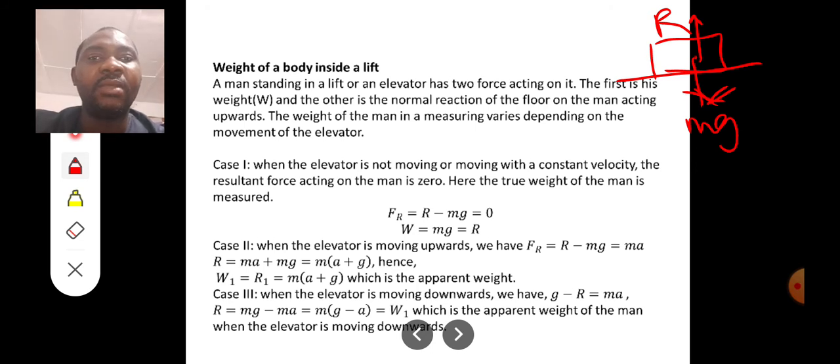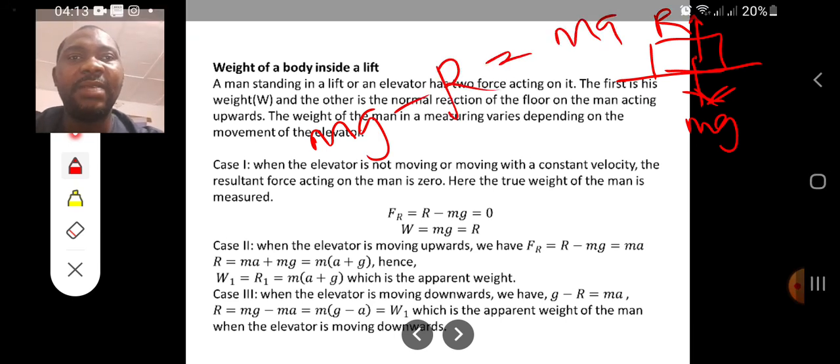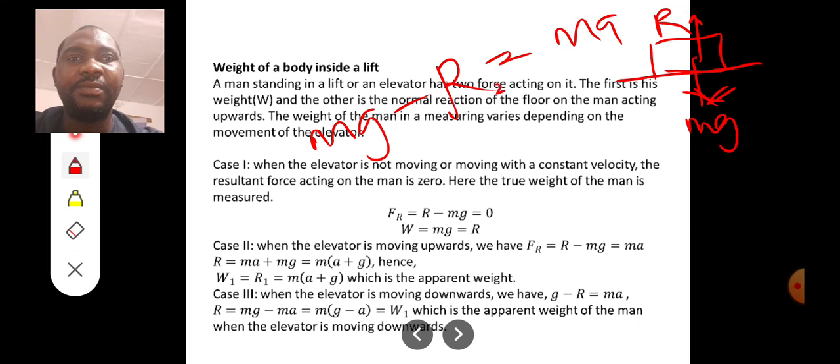Case 3, when the elevator is moving downwards. Of course, when you're moving downwards, you're moving with gravity, so your apparent weight will reduce. So we are going to have mg minus R equals ma. Because it's going downward, it is supposed to be mg minus R equals ma. Now, this R is not just the normal reaction, it's the apparent weight, so let me call it R2.